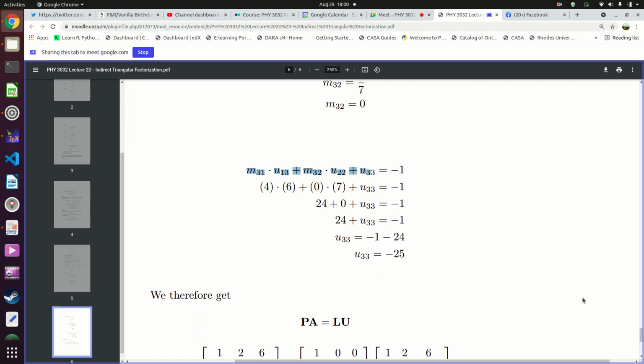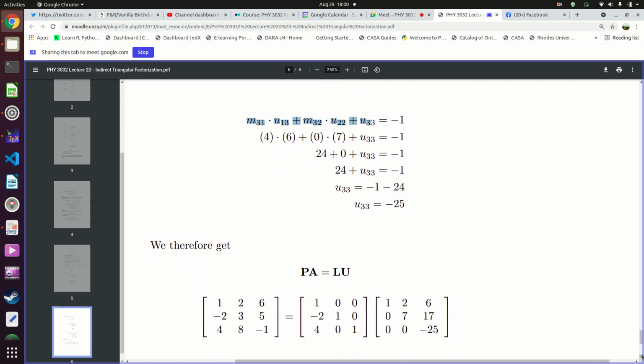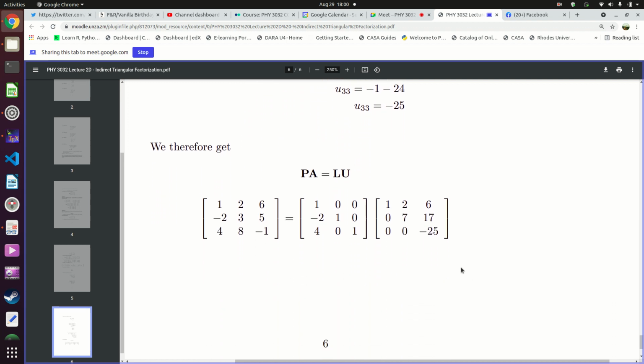So with this, it's possible for you to write your factorization L times U. So you end up with PA, which is this. Then this is going to give you this as a lower triangular matrix. But the problem is this here, and you end up with your upper triangular matrix this side. Your upper triangular matrix is fine, but the problem is this here. So the permutation matrix which we have chosen to use in this particular case is not a very good one.